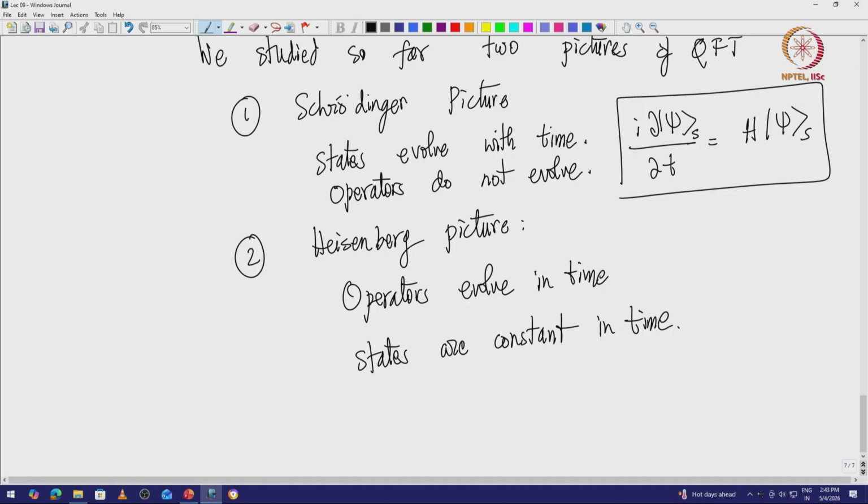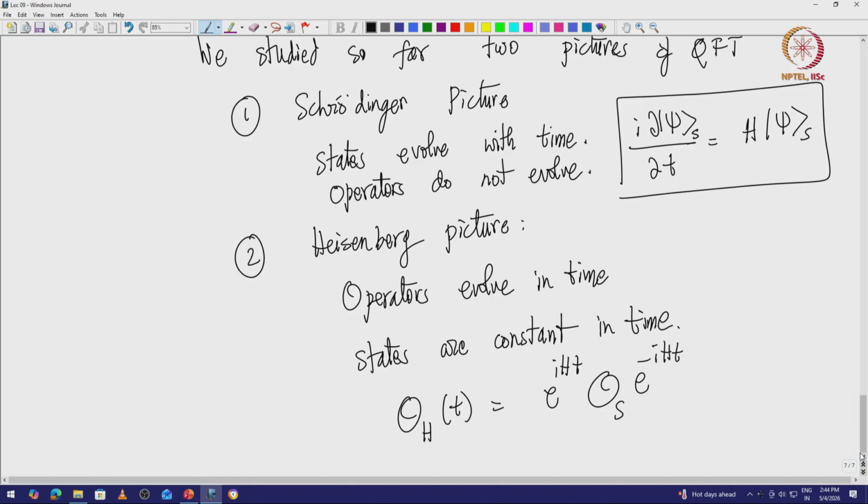So you have the operator O_H(t) equal to e^{iHt} O_S e^{-iHt}, which gets multiplied from both sides.